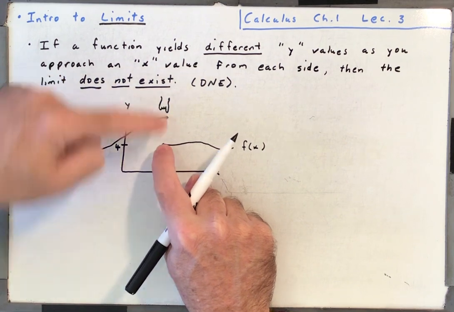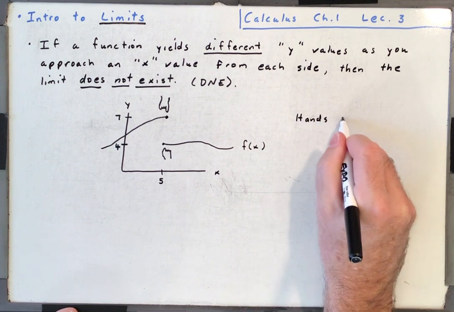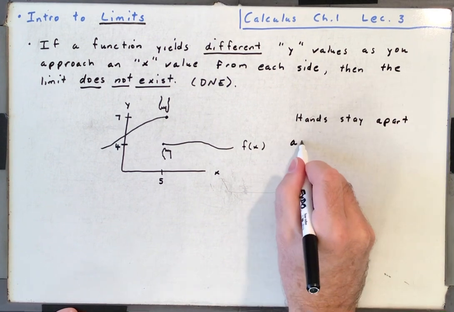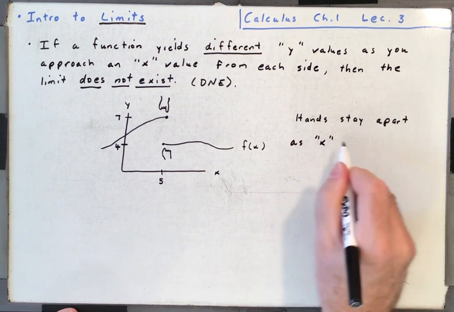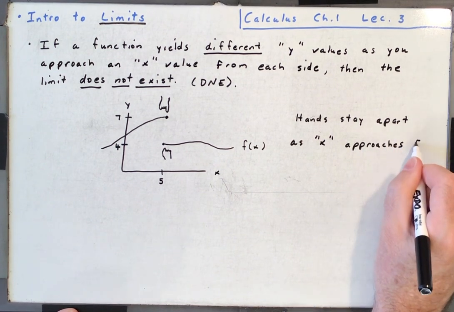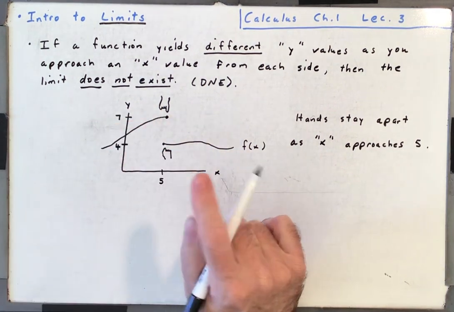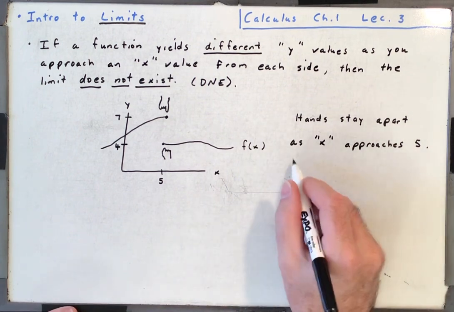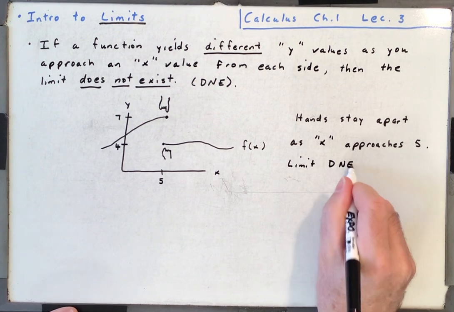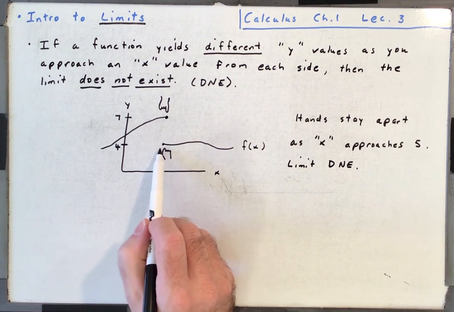There's a break in it, right? So hands stay apart. As the x value approaches 5, both directions, your hands stay apart. Therefore, this limit does not exist, because you don't have the same y value from both sides.